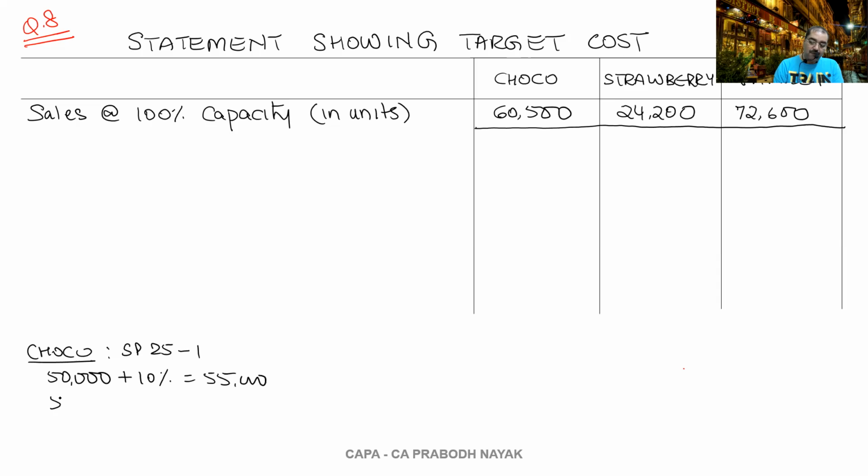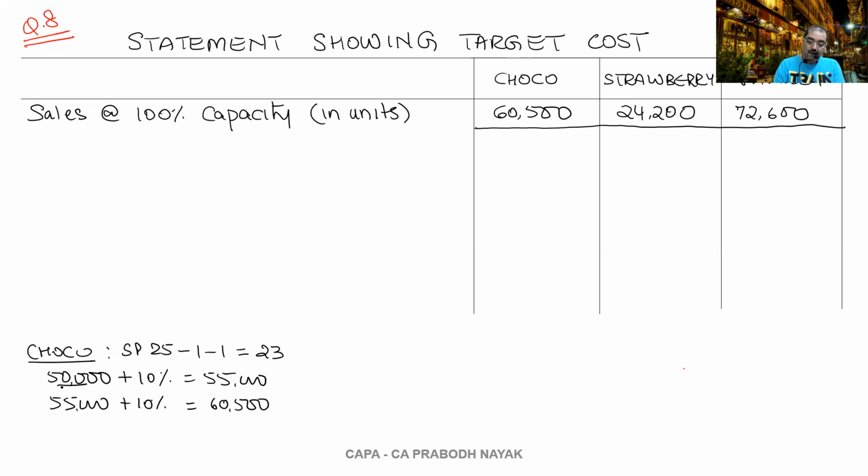Now the second time, I increase 55,000 by 10%. I have to increase it till I reach 60,500. So it will be 55,000 plus 5,500, which comes to 60,500. So again I reduce 1 rupee.